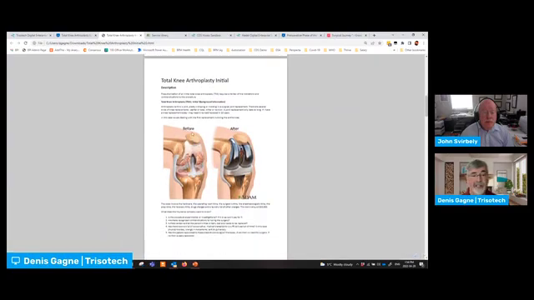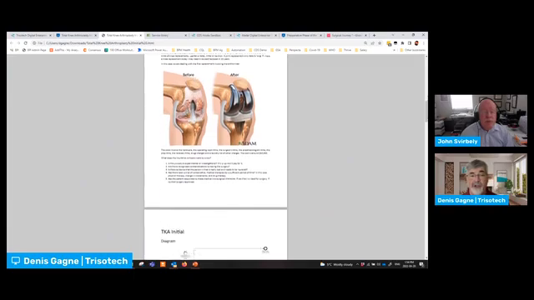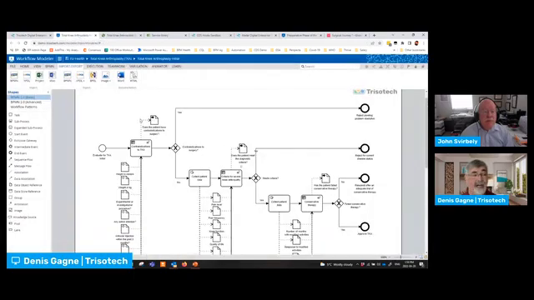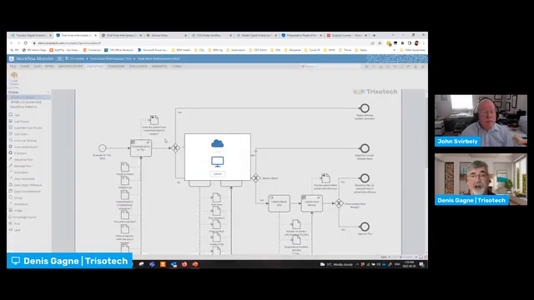So the model is not only the visual logic displayed, it's also the documentation of your actual guideline. And this is where mostly payers will be focused on this pre-authorization model. And basically what we can do is now, this model is also the code, so I can publish this model.